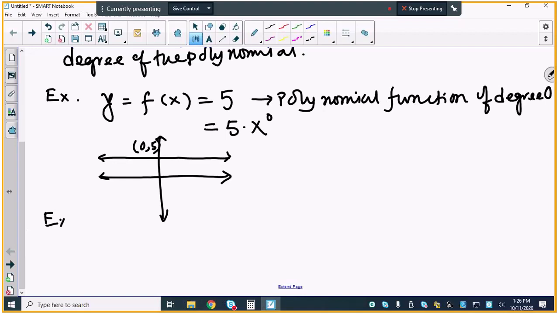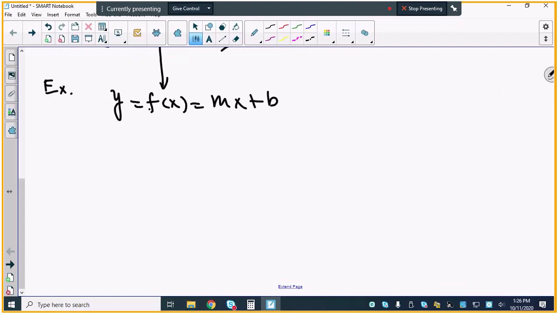The second example is our second type of function that we have learned, and that is y equals f(x) equals mx plus b, where m is not equal to 0. These are your general linear functions, and this is also a polynomial function. If you think about it, the degree of x in these is 1, so these are degree 1 polynomials.